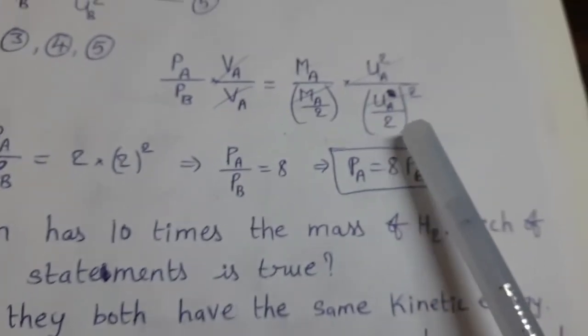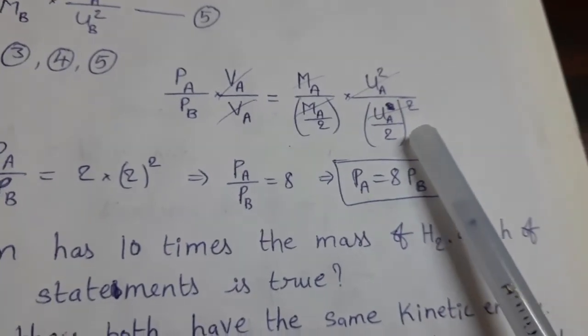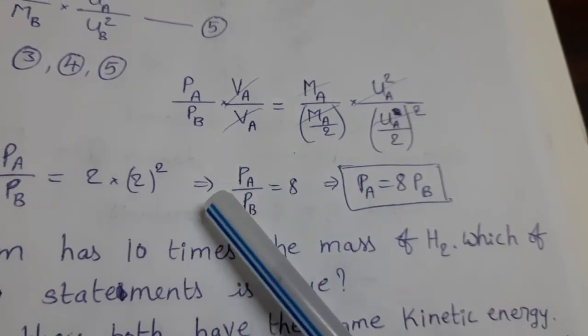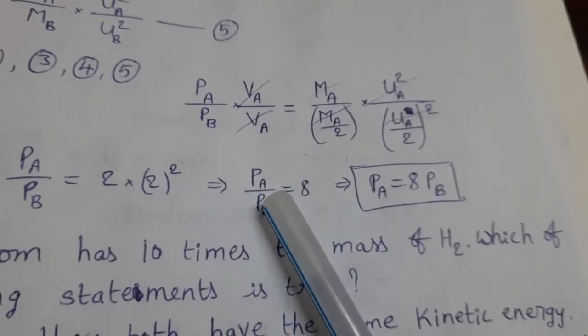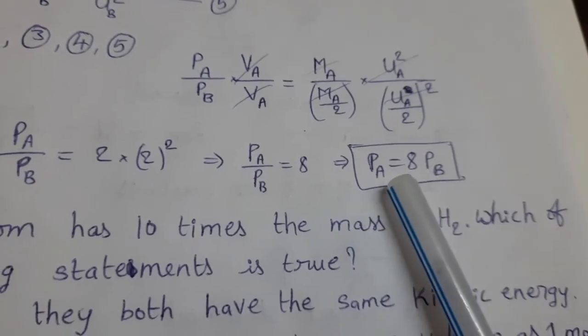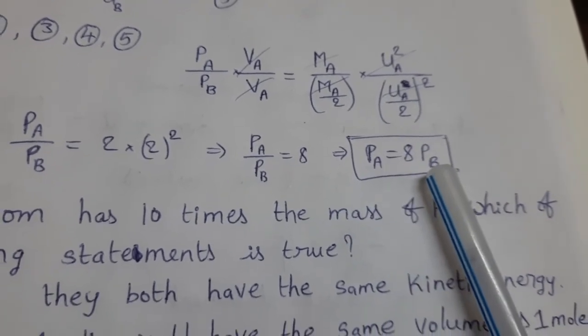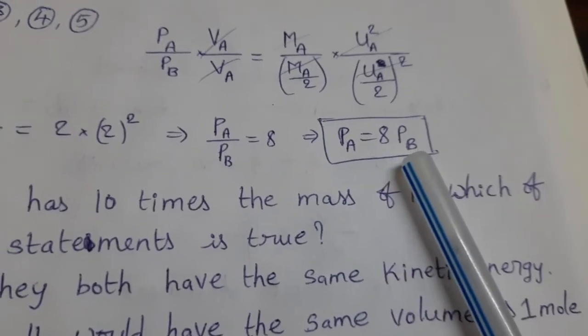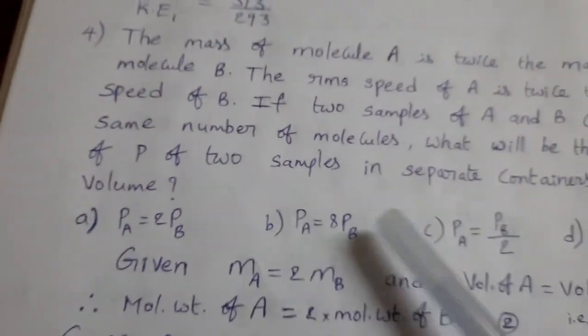By cancelling the same terms, we get PA by PB equal to 8, that is PA equal to 8 PB. The pressure of molecule A is 8 times the pressure of molecule B. So what is the option? Option B is the answer.